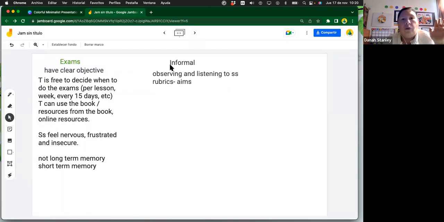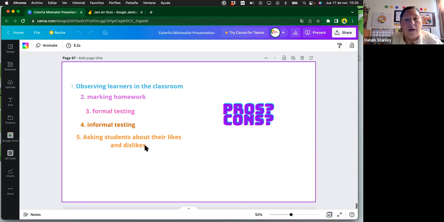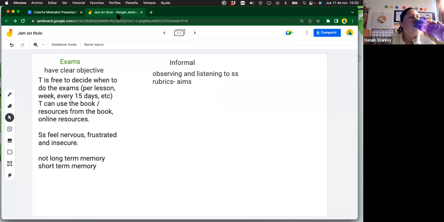Bueno, pues you can back up by saying that you are observing and showing your very clear and concrete objectives, okay? In here, for example, in an activity, asking students about their likes and dislikes is an oral activity.